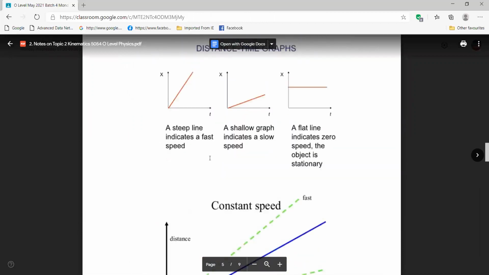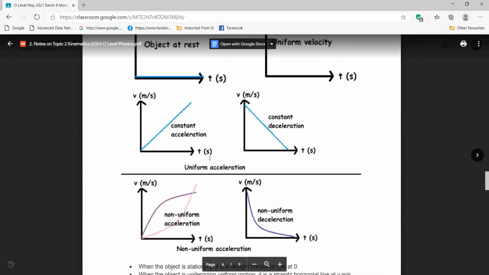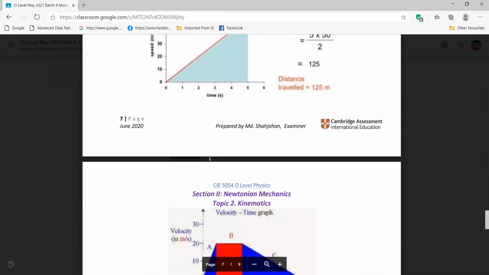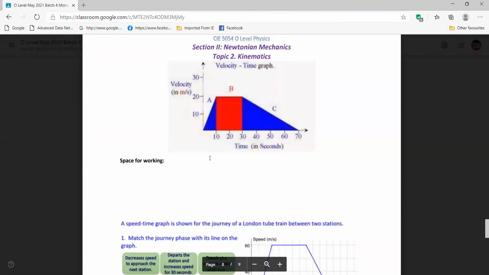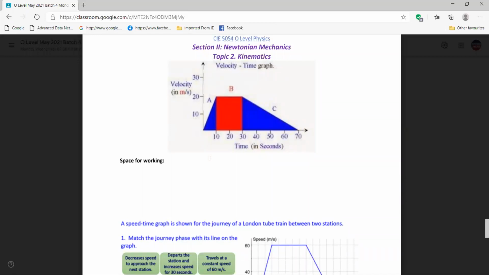Notes. Okay, try page number 7. That one has numericals, right? Yes, sir. Okay, very good. So you try it right here. Do it.